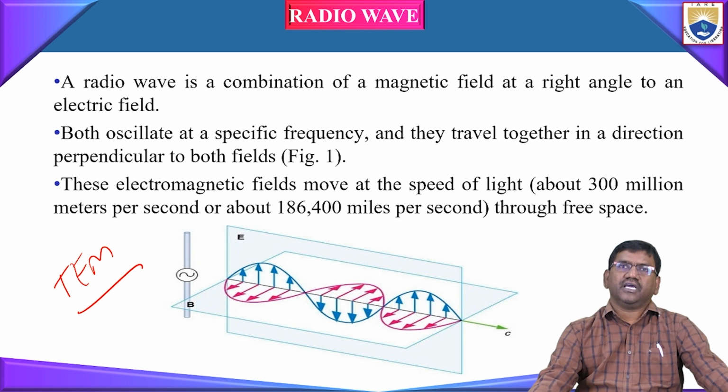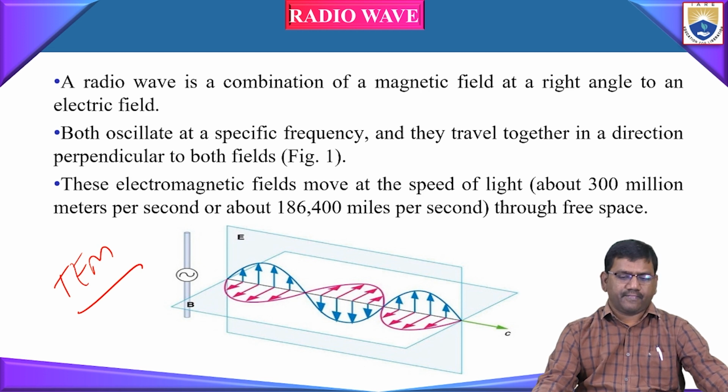So, what about the electromagnetic waves produced by an antenna? Both fields are perpendicular to each other and also orthogonal to the direction of propagation of the wave. Hence, the name TEM waves. The waves produced by an antenna radiate into free space and travel with the velocity of light, that is 3 into 10 power 8 meters per second.